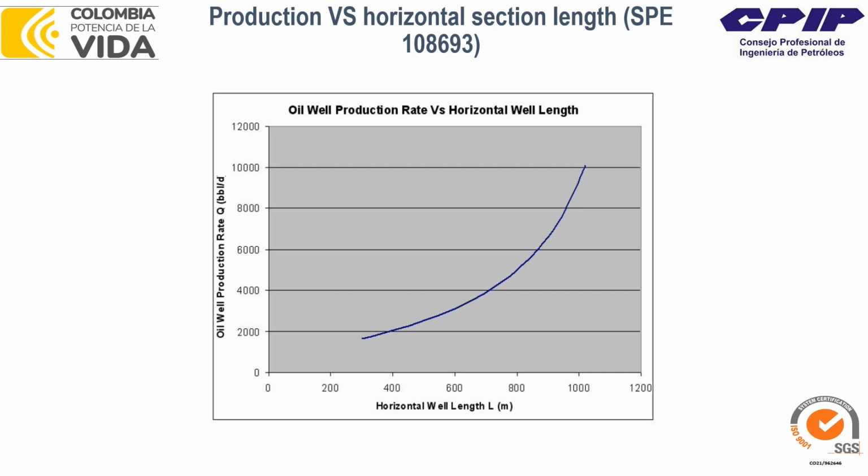But just for the matter of this exercise, as I said, there are many different methodologies and many papers, but to pick one as a reference, you can look at this paper published by SPE, right? And some graph here showing how the oil well production rate depends on the horizontal well length.